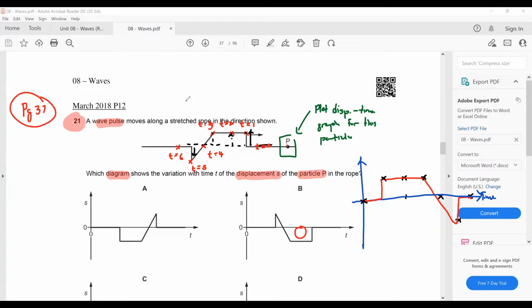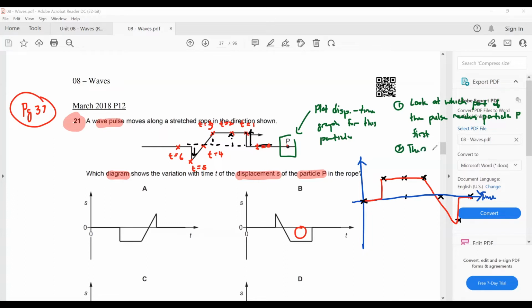To do this question, what I will say is, let me just find out how to do this. I'll just say look at which part of the pulse reaches particle P first.